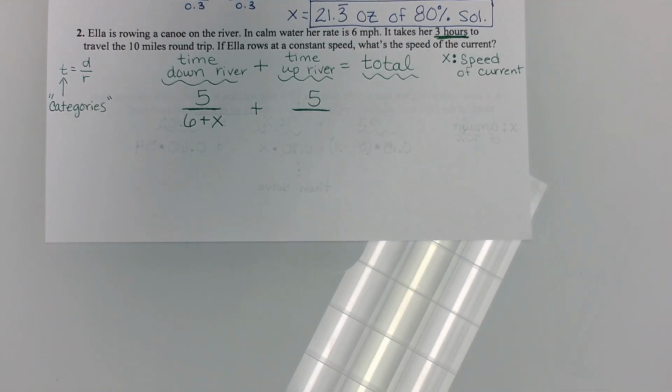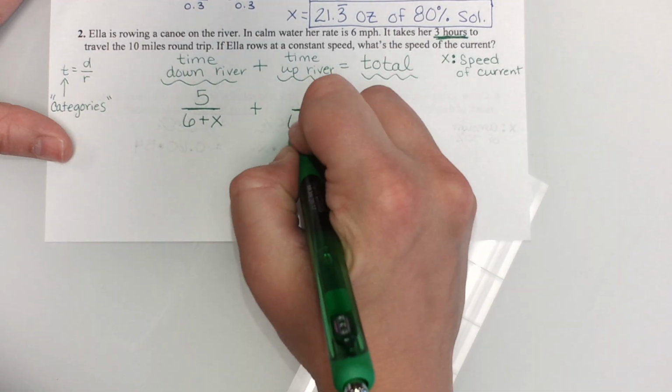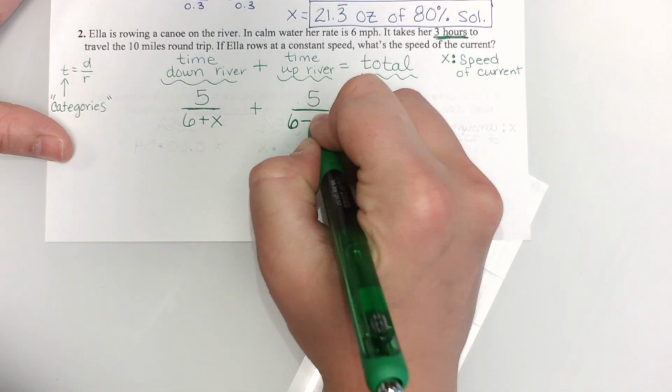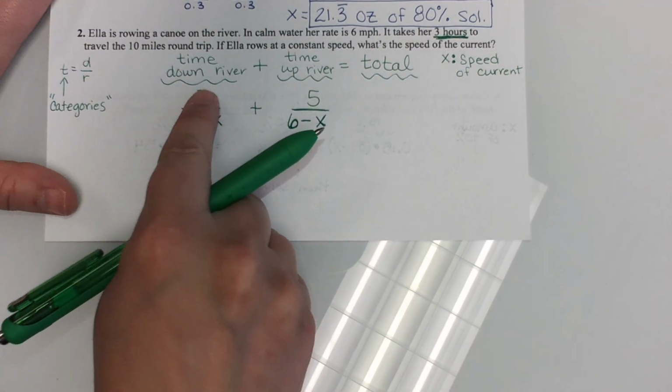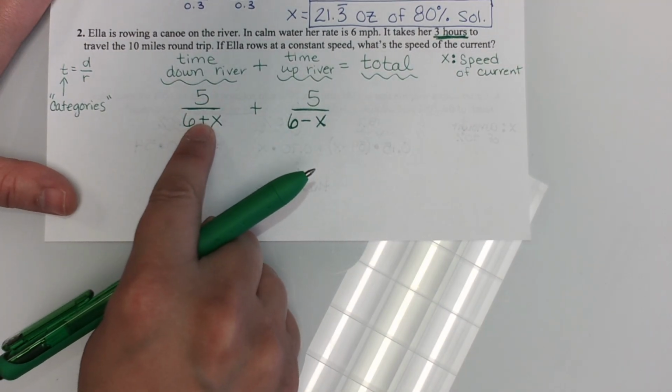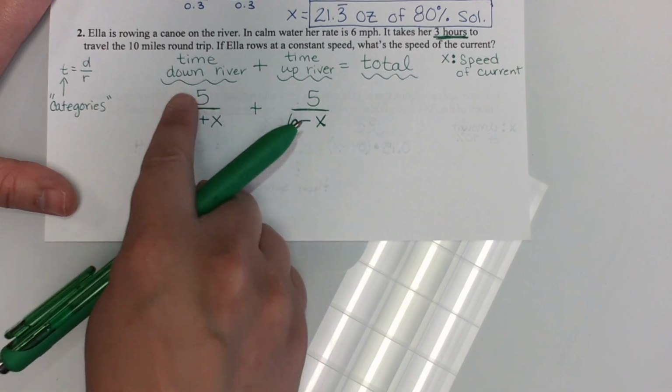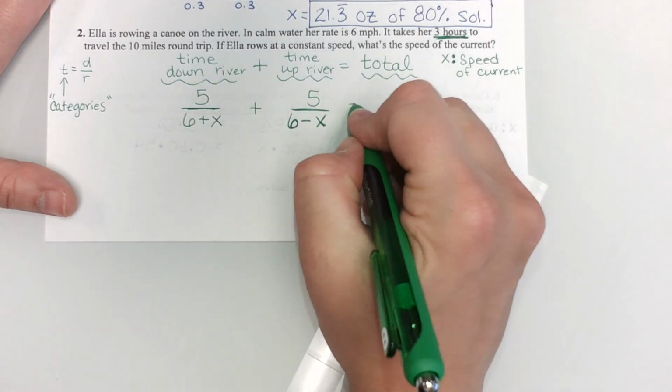When you're going against the river, going upriver, what is the current doing to you? Slowing you down. It's taking your speed and decreasing it. How do you decrease in a math class? You subtract. So her speed was 6 and she was slowed down by the current. Now, since these are distance divided by rates, these are times. Time downriver, time upriver.